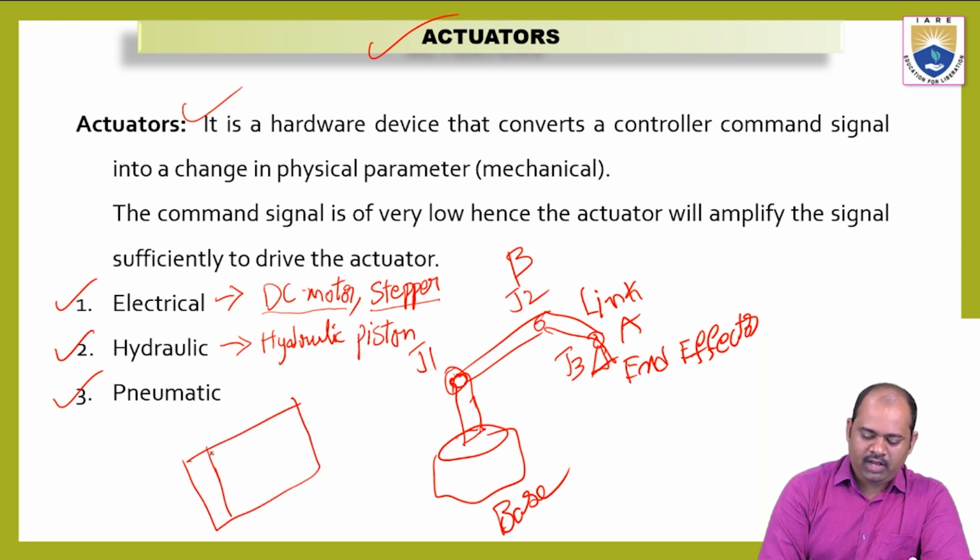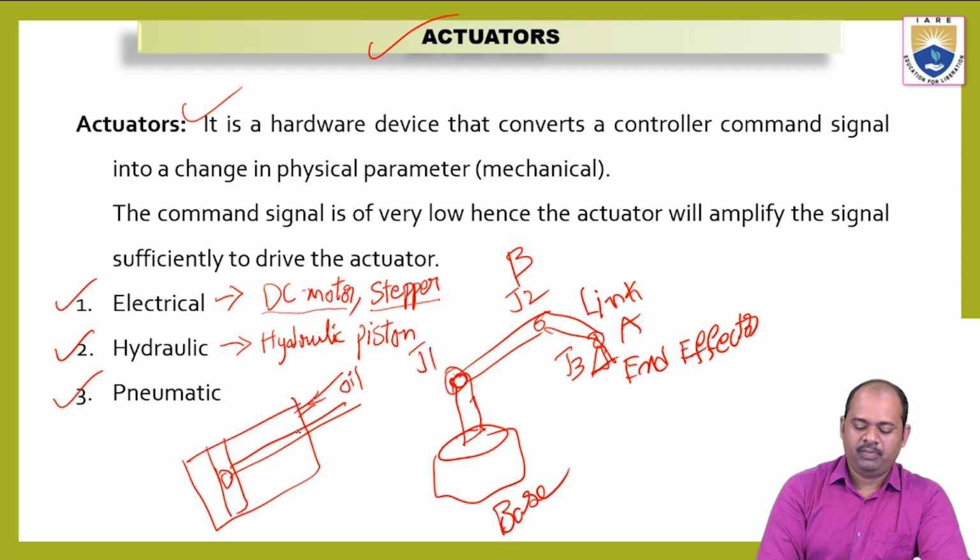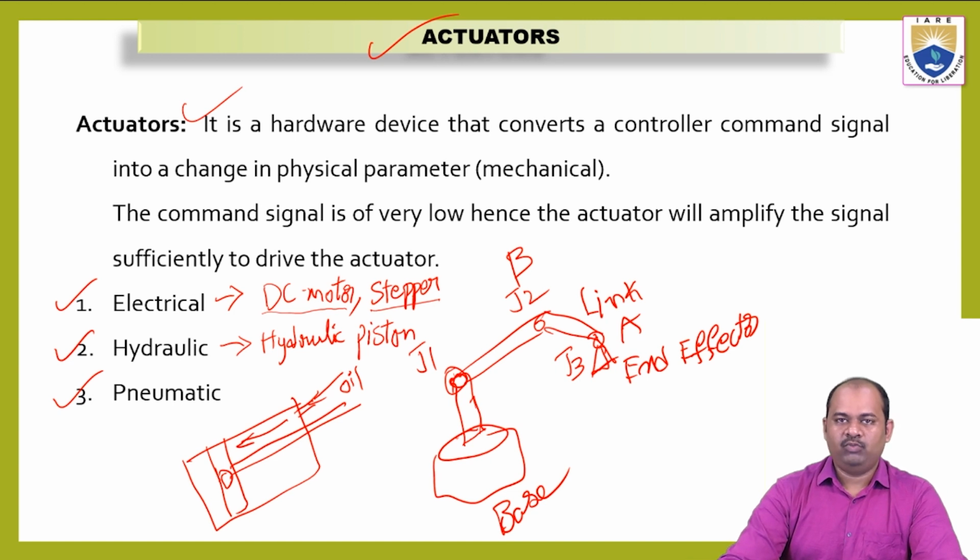Now the cylinder will have a piston. The oil is sent into the cylinder with high pressure, and it will push the piston towards the left side. Then this can be used for creating linear motion.